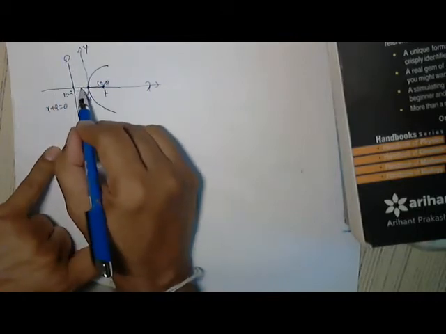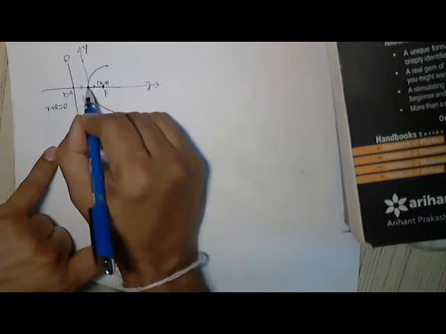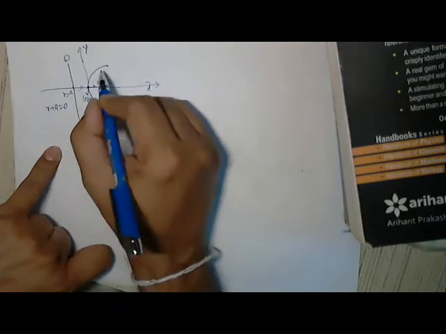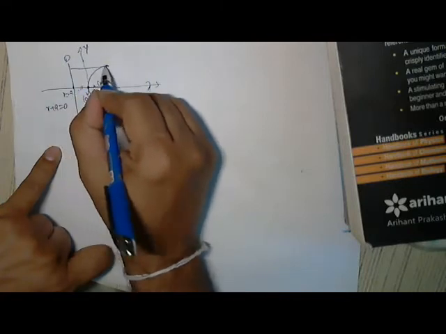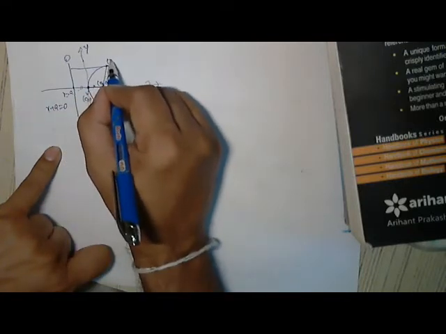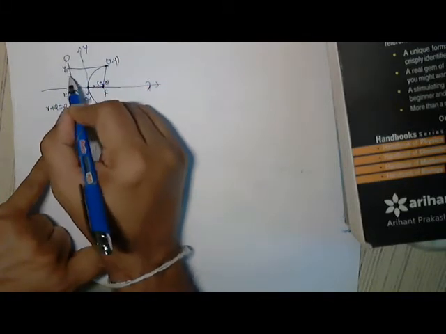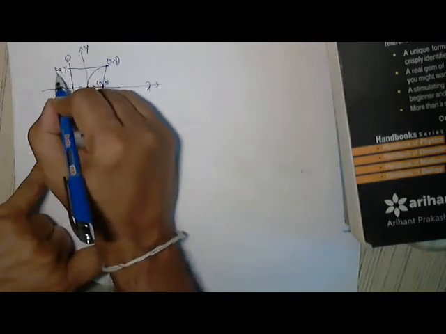Why is it a? These should be equal, because any point on the parabola is equidistant from the focus and from the directrix. Similarly, for this point on the parabola, this distance is equal to this distance. If this coordinate is x, y, this is y, and this one is minus a, y.